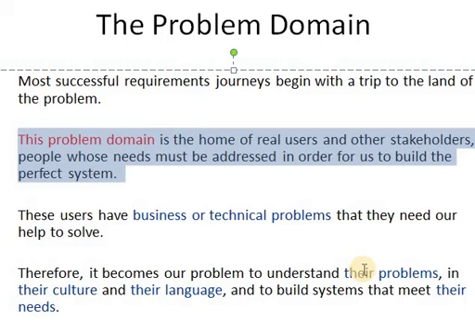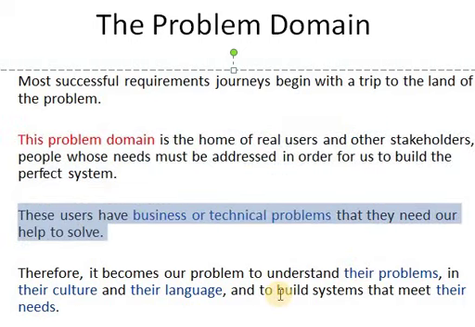So the needs of the users must be fulfilled in order to build a successful software system. These users have business or technical problems that they need our help to solve. So basically, the users have some business or technical issues, and to resolve those issues, they need our help.